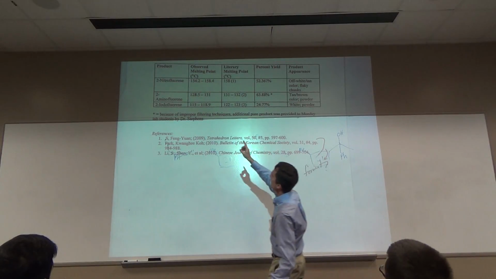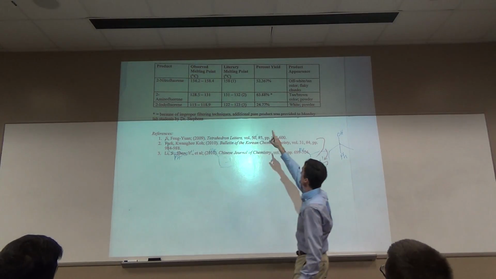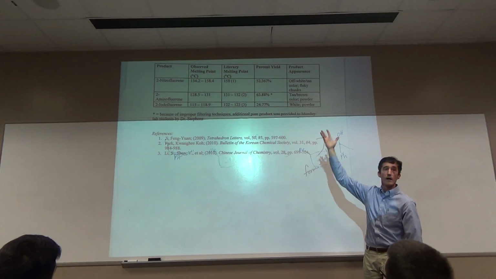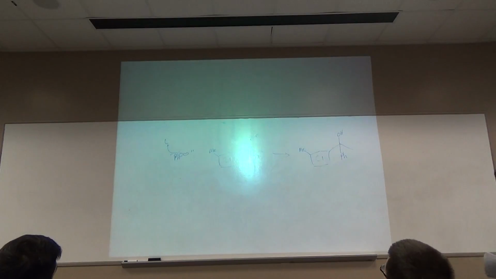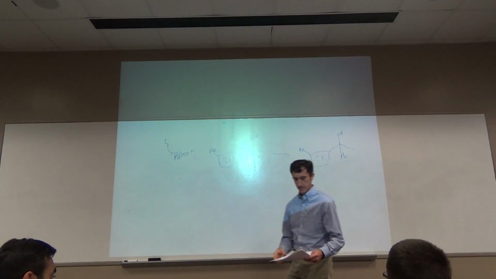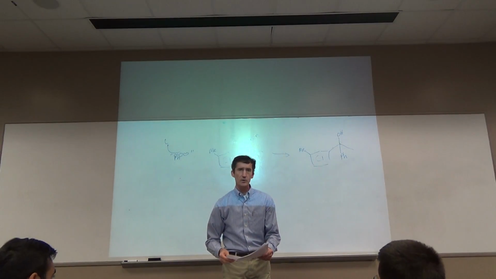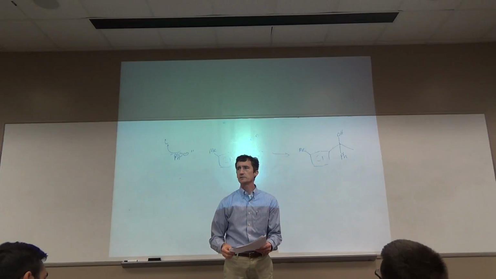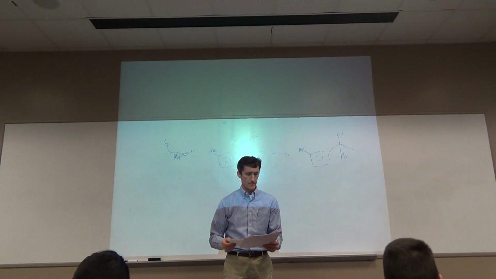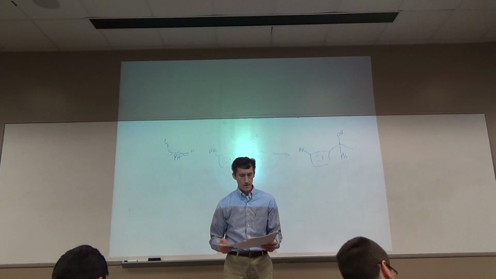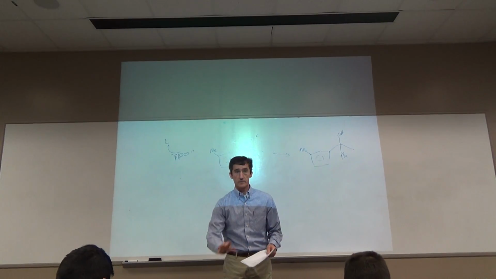It asks for product, observed melting point, literature melting point, yield, and appearance. There it is. Nice, simple summary table. Interpretation of directions maybe isn't always the same, but that is what was asked. Okay. Yes, please.